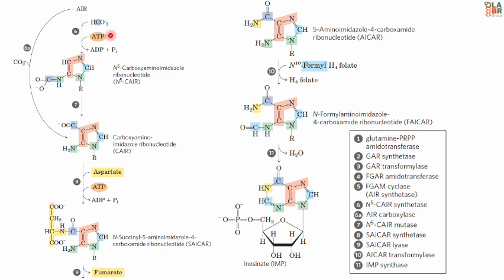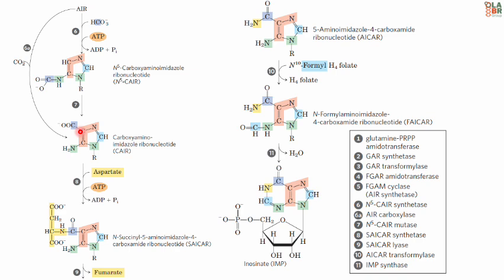A rearrangement transfers the carboxylate from the exocyclic amino group to position 4 of the imidazole ring over here in step 7. So step 6 and step 7 are only found in bacteria and fungi.